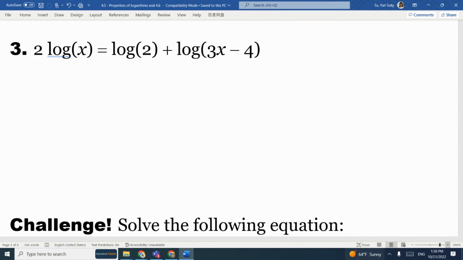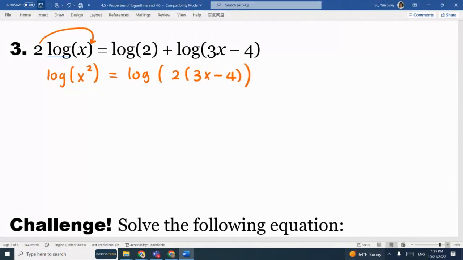Okay, so let's check our answers. So we combined using the property, the 2, we can move it up there. So we got log of x squared, right? And the right-hand side, combine the sum into a product.